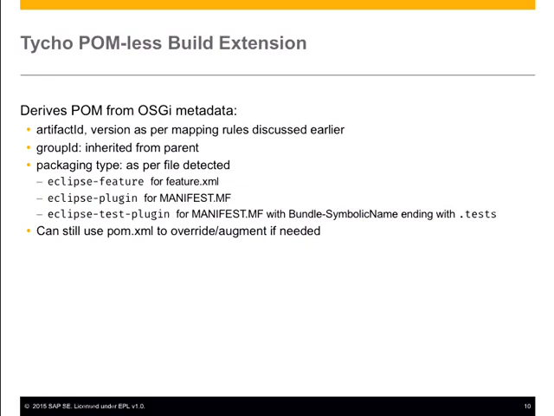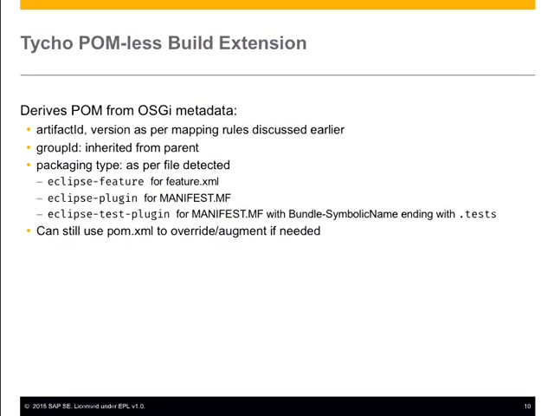So that's where, maybe we can talk about that later, but you still need some kind of build configuration that's not in the existing OSGi metadata, so you still need a parent POM, all right? That's the thing that remains. And then, of course, the packaging type is simply as per the file that is being detected. So if you have a manifest, it's an Eclipse plugin. If you have a feature XML, it's a feature.